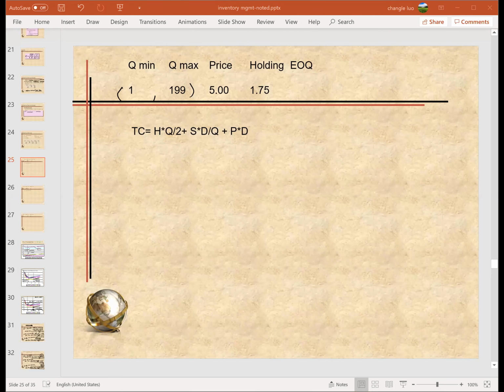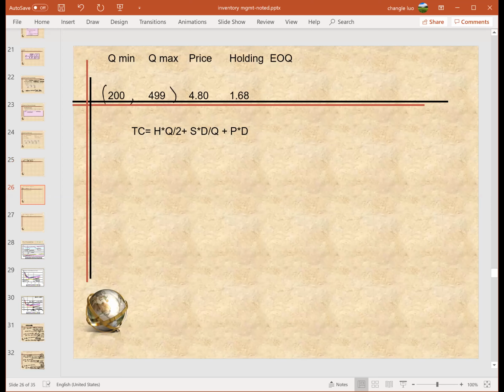Now we're going to have 3 scenarios and 3 different equations. The first scenario is the quantity is between 1 and 199. The price here is 5. Holding cost is 1.75. The second scenario is quantity between 200 and 499, and the price and the holding costs are different as well from the first scenario.